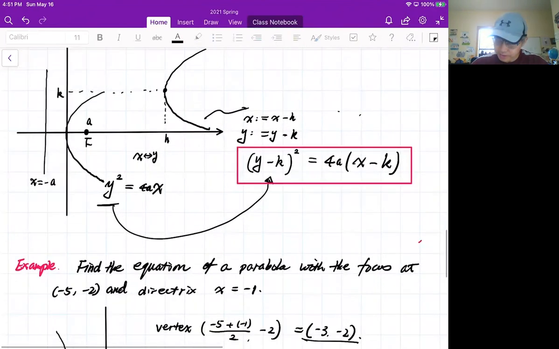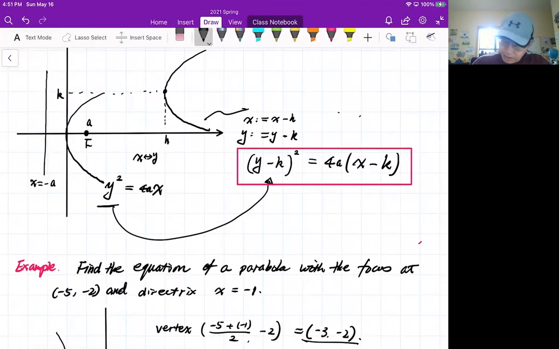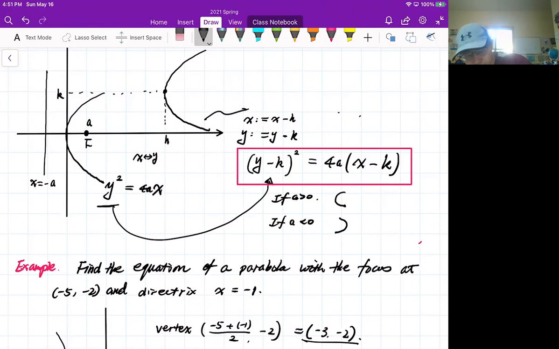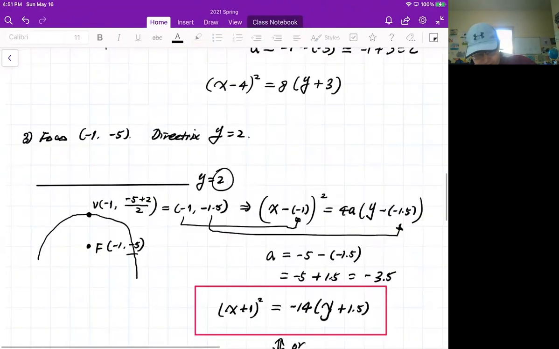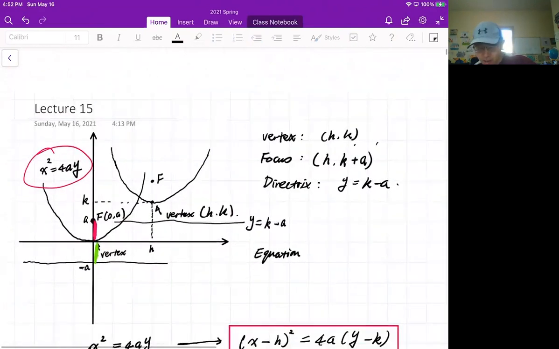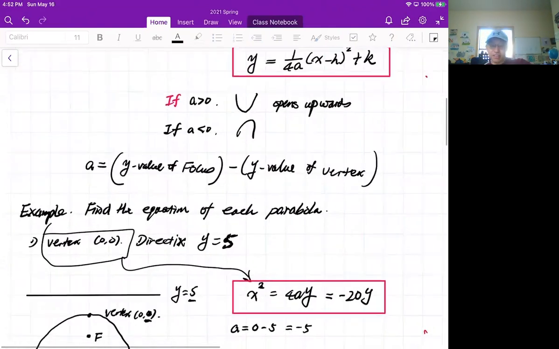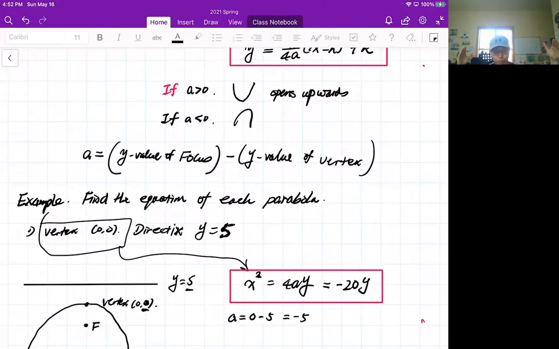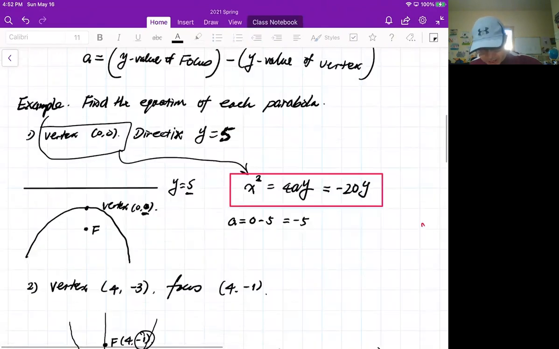If a is positive, if a is bigger than 0, the parabola opens to the right. And if a is smaller than 0, the parabola opens to the left. Okay, the same thing, just switch the x and y, right? Same as before. The previous one was that if a is bigger than 0, it opens upward.